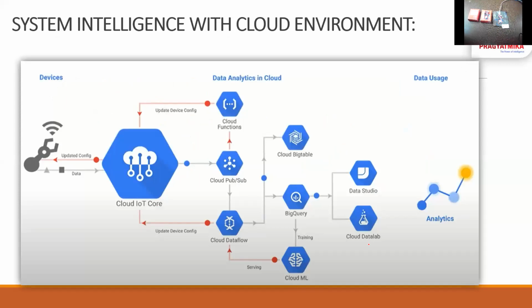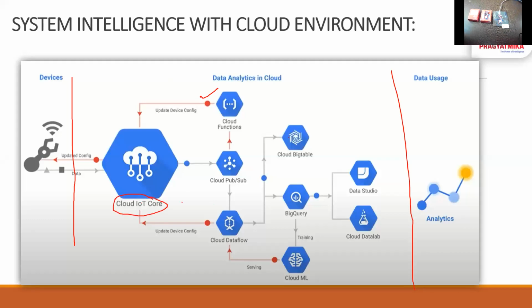So this is how, in this cloud environment, the data keeps going back and forth. And there are three main stages that we call. This is our device side. This is our local side. Thereafter, this is what happens in the cloud environment, with the help of the IoT Core.